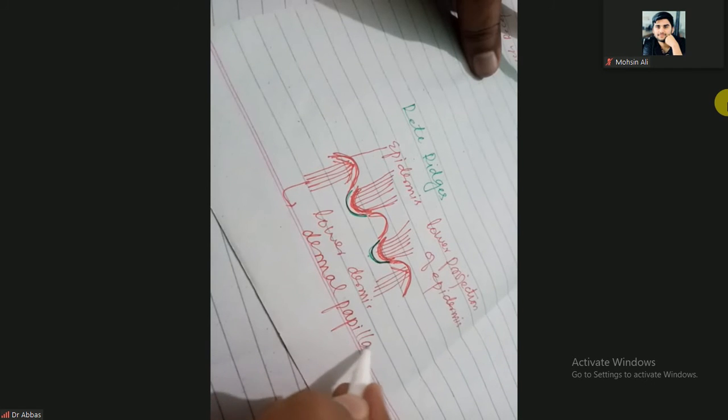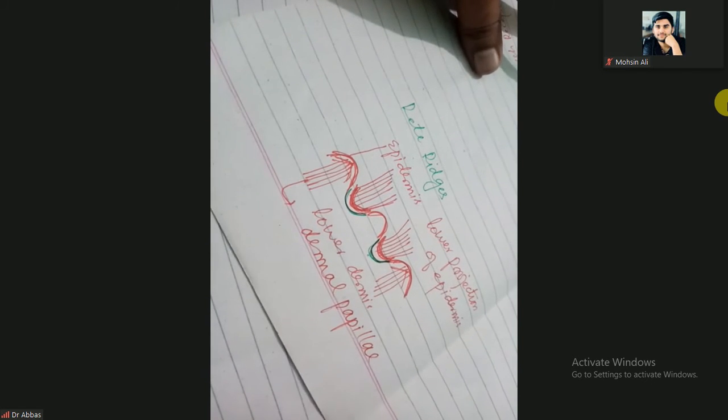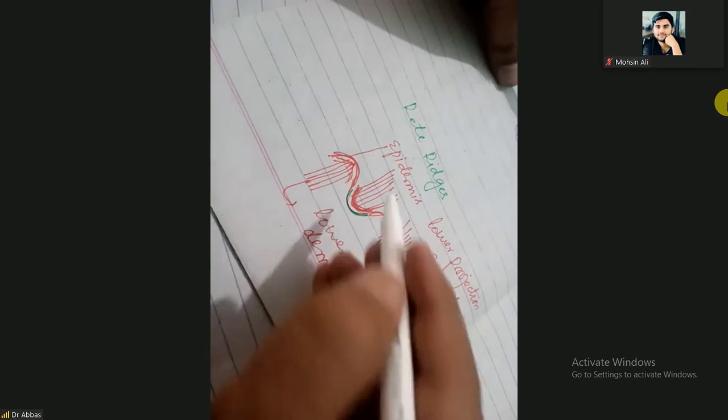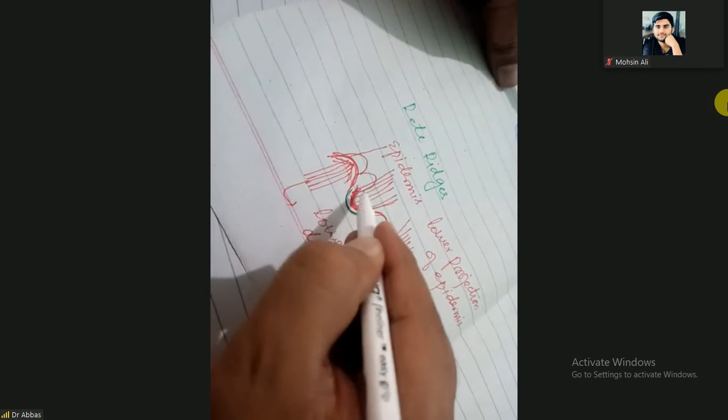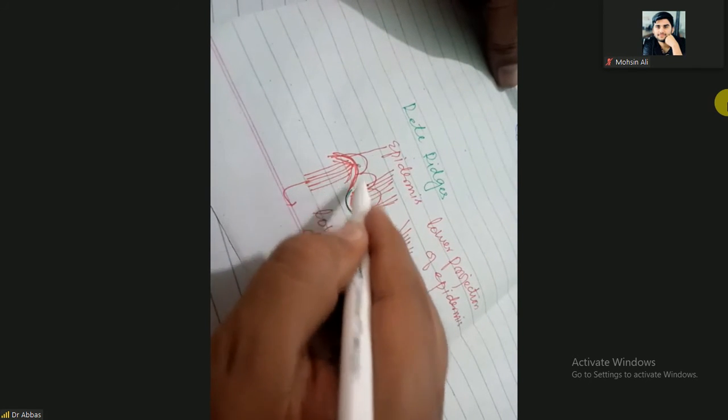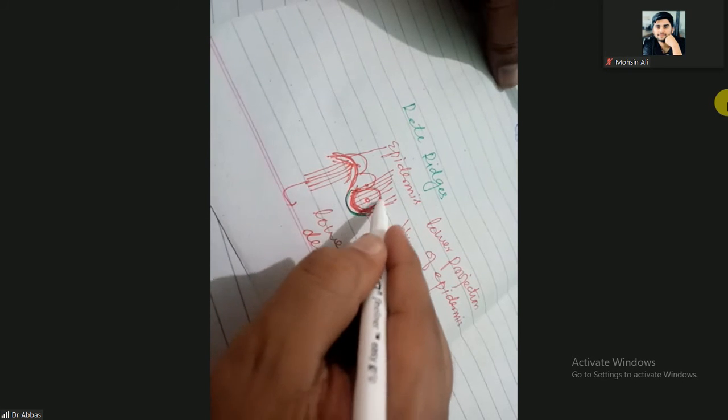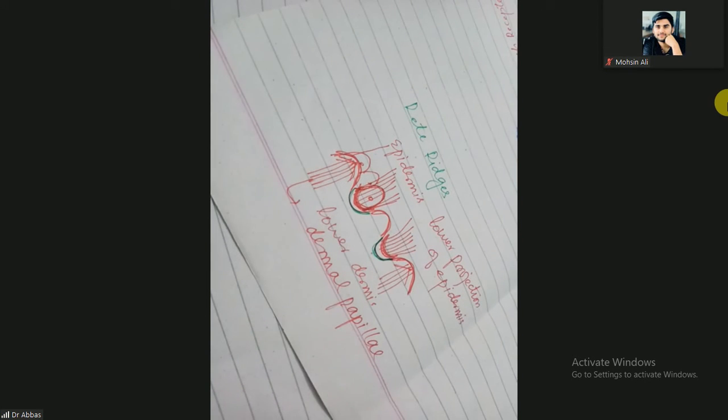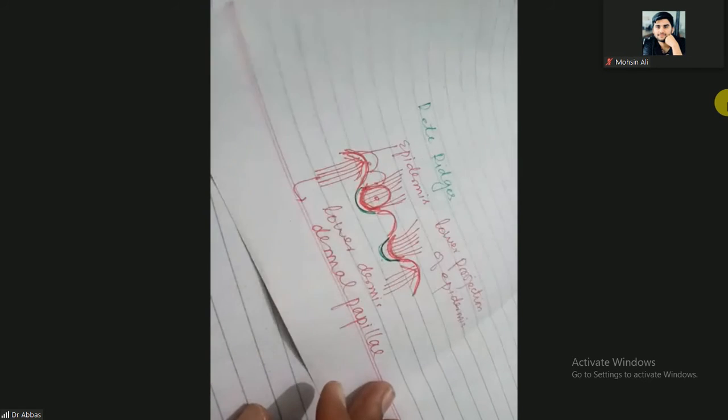Actually, stratum basale is present here, so it means stratum basale is also part of the rettiridges. So the best option is the rettiridges. Rettiridges are the lower or downward projections of the epidermis, and dermal papillae are the upward projections of the dermis. Clear? So these are the Merkel cells.